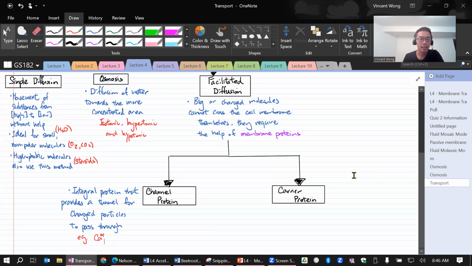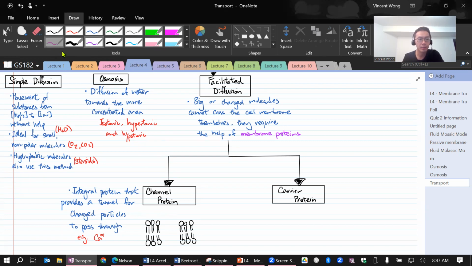All right, so I'm going to draw a picture to show you what it looks like. You must be sick of drawing these circles and lines now, but those are phospholipid bilayers. We will have the channel protein right here, with a tunnel right in the middle.